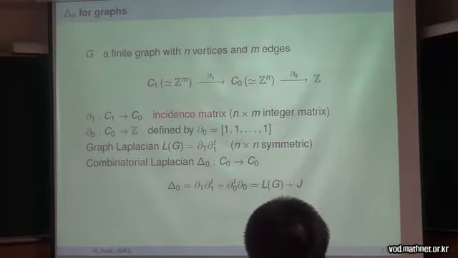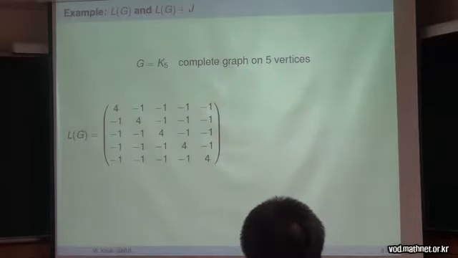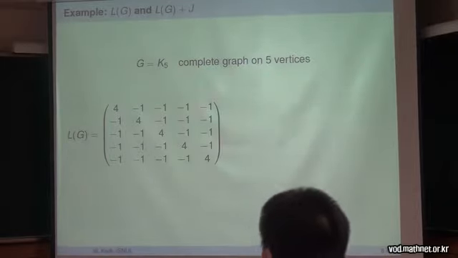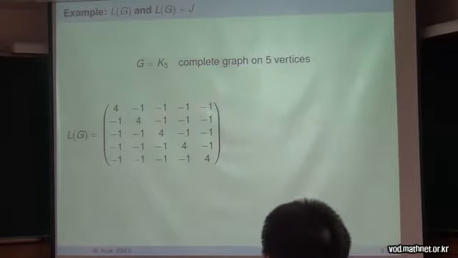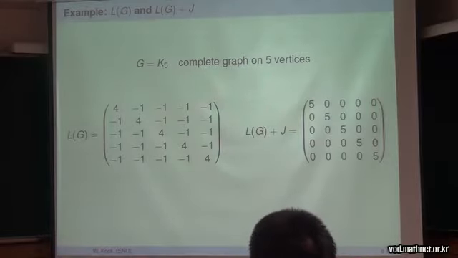That portion is what we refer to as the J matrix, where J is the n by n all ones matrix. So it's a small change, but that change does a lot of things. For example, here's the graph Laplacian for K5. All the diagonal entries are 4s, and all the off-diagonal entries are -1s. But as soon as you add the J matrix, it becomes a diagonal matrix. So it's much simpler.